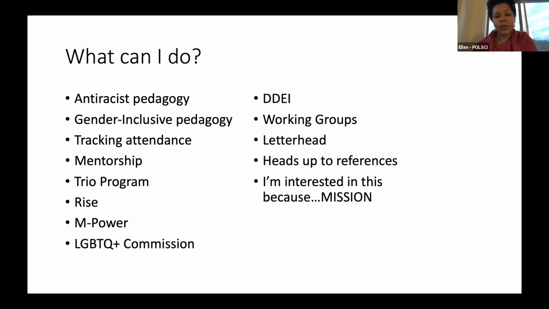And you can be a mentor to Trio, Rise, or Empower with the Division of Diversity, Equity, and Inclusion. There are commissions also on campus and committees focused on diversity. The president has working groups.